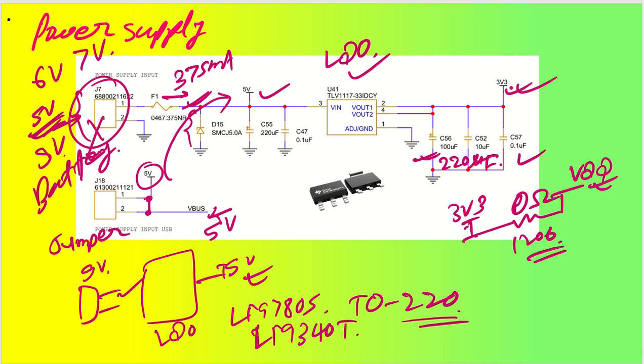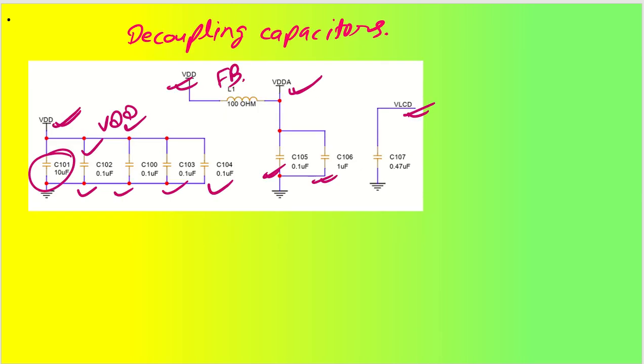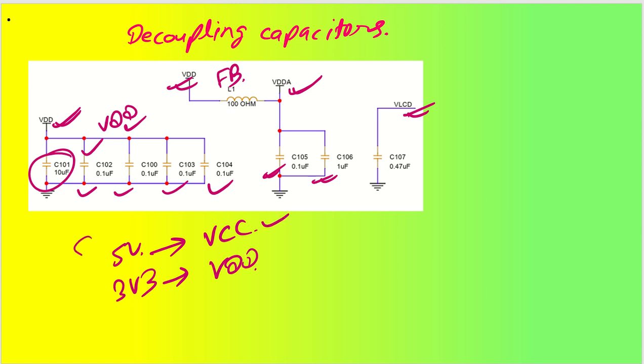Otherwise, if you do not want to change the net name through a resistor, you can directly change this particular net name to VDD, so that VDD will be used everywhere. So basically I will be using VDD as 3.3 volt, and 5 volt can also be used as VCC in my power supply. So my 3V3 will be used as VDD and 5 volt will be used as VCC or 5 volt. These two terminologies I will be using in this circuit design interchangeably.